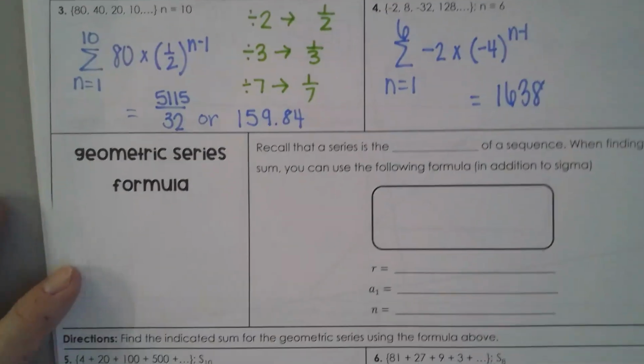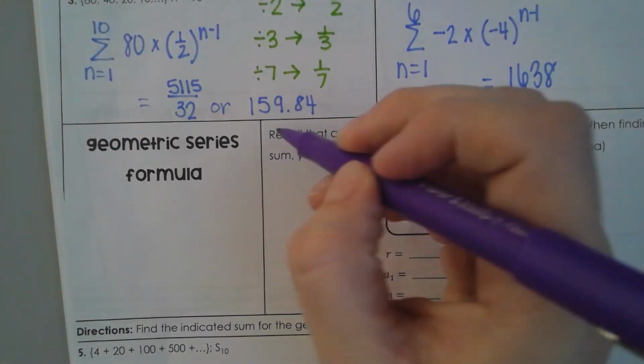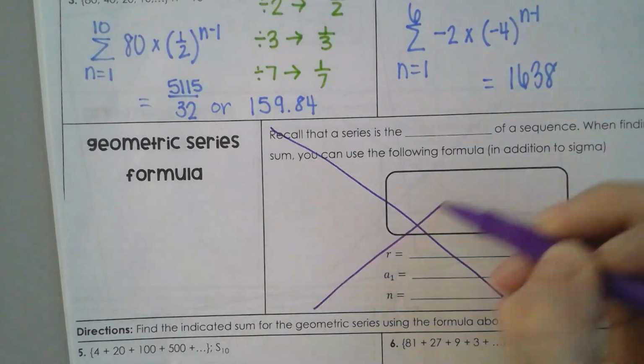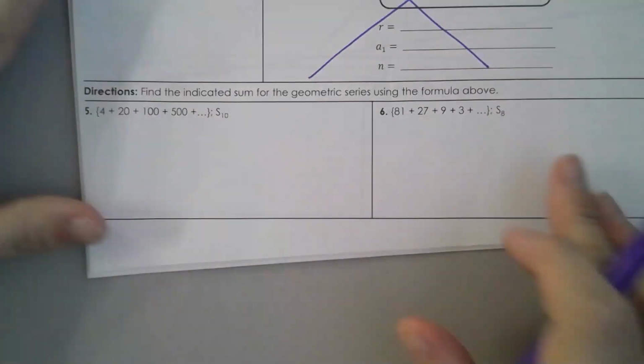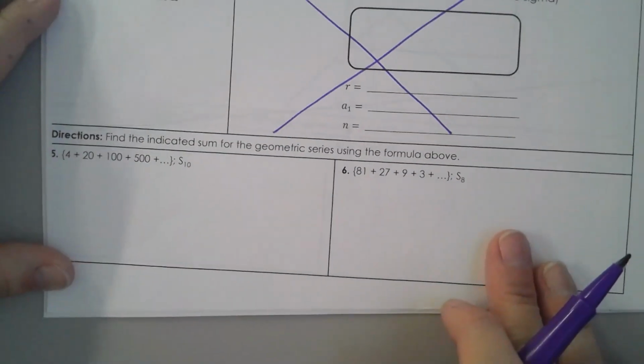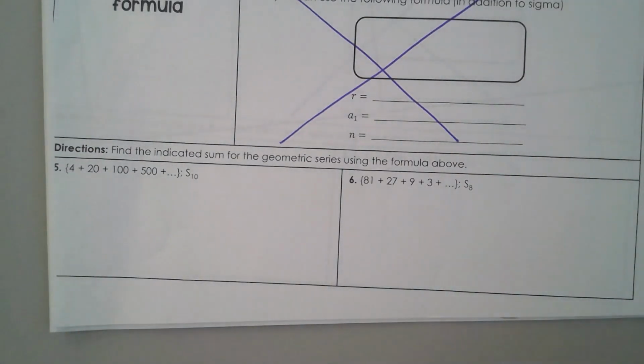All right, now there was a separate formula that would work instead of sigma, but we're not going to do that. We'll just skip it and go down here to questions 5 and 6, and then we're going to do a few on the back. Now these look a little bit different.